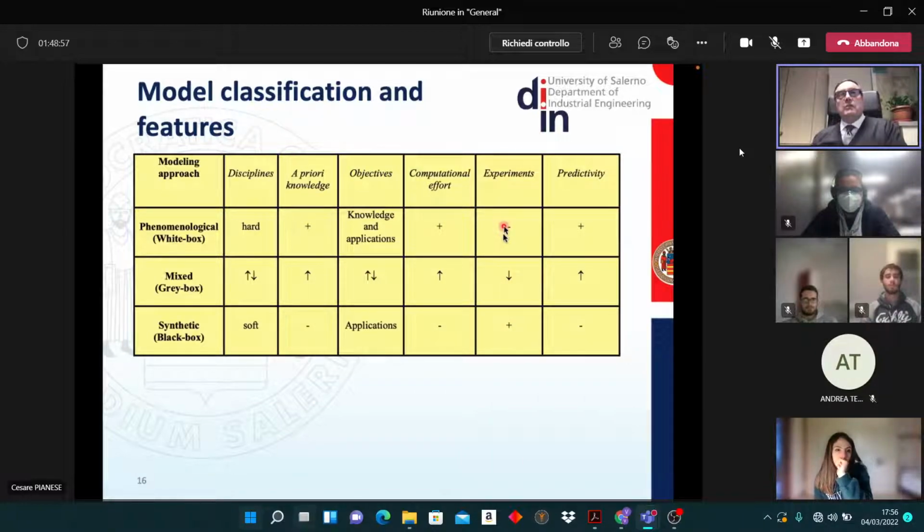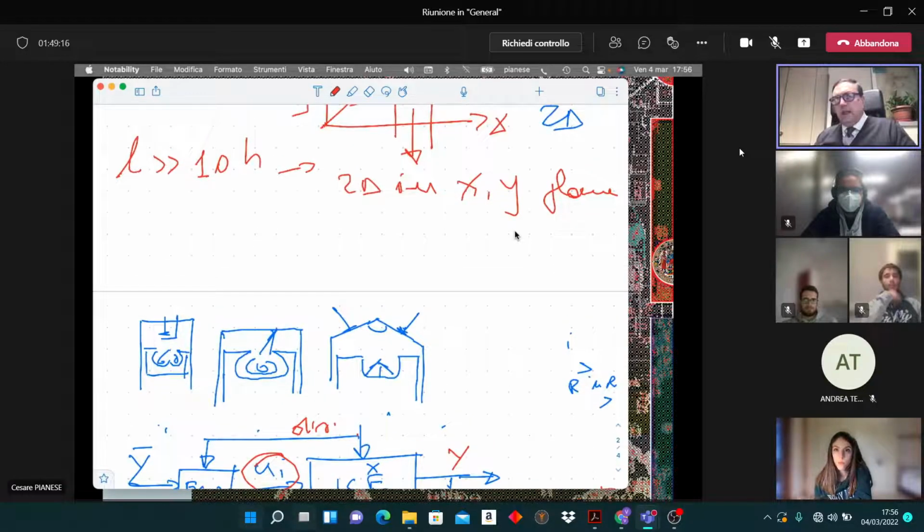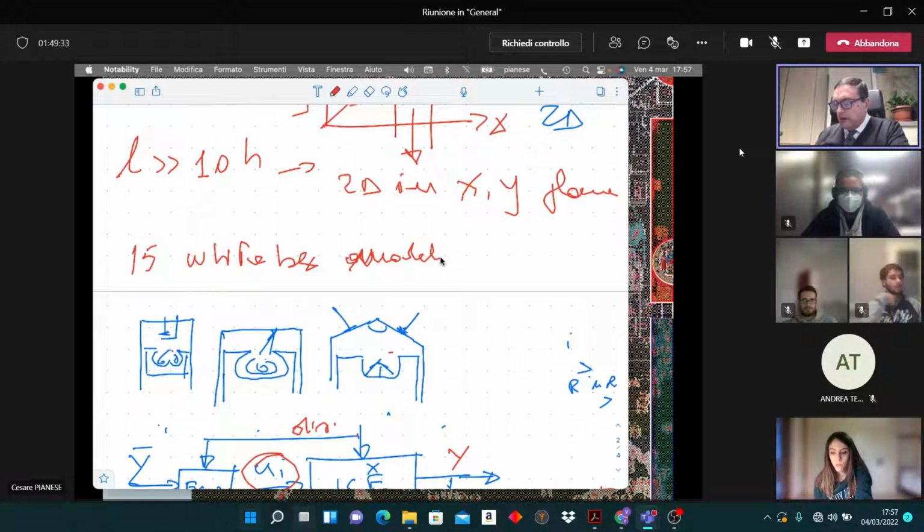Experiments: in phenomenological models, we may also avoid using experiments. Of course, it's not the case, but it's just very few experiments. As I said before, in the example I gave you on the design of the system, we start from, for example, 15 white box model outputs, okay?